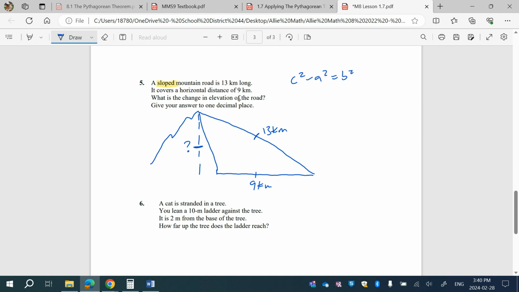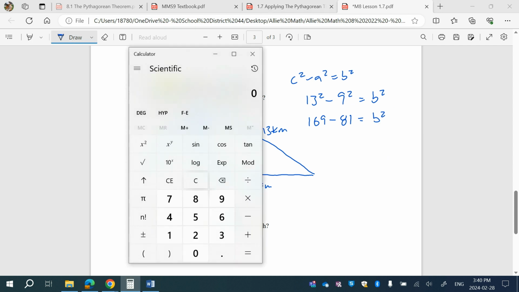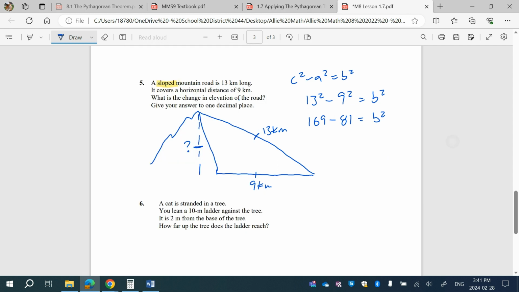So 13 squared minus 9 squared equals b squared. Let's figure 13 squared is 13 times 13 is 169 minus 9 squared. 9 times 9 is 81. That equals b squared. Next, let's figure this out. 169 minus 81 equals 88.